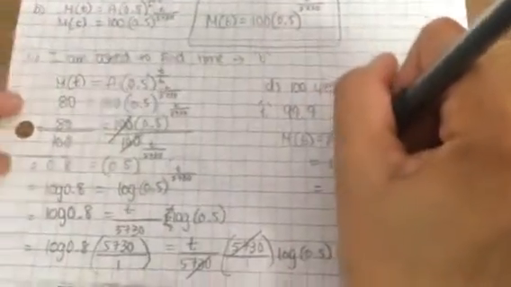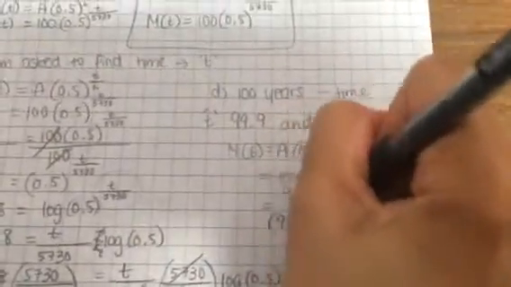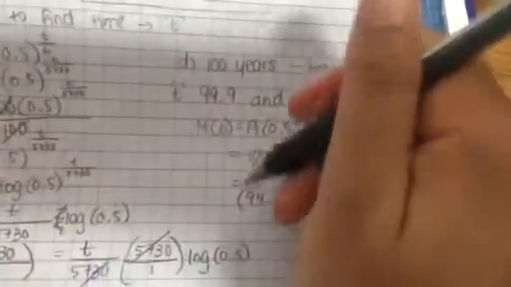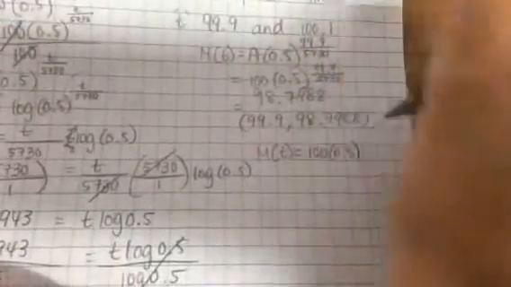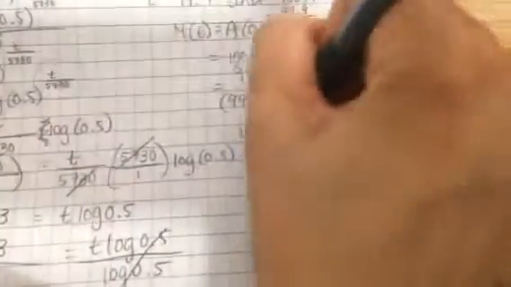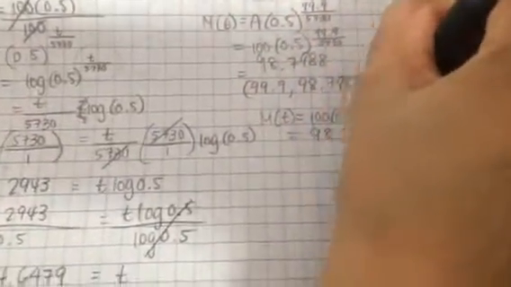And I get 98.7988. Okay, and I plug in 100.1, and I get 98.7964.